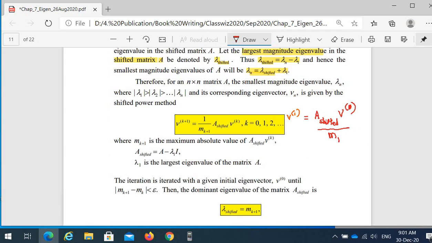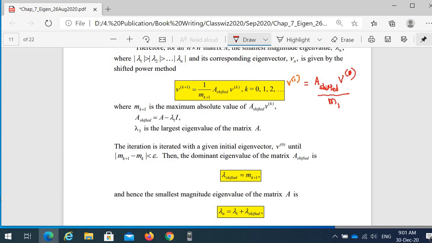The process is repeated until the modulus of M(k+1) minus Mk is less than epsilon, for a given epsilon. Then the dominant eigenvalue of the matrix A shifted, lambda shifted, is M(k+1), and hence the smallest eigenvalue of matrix A, lambda n, is lambda shifted plus lambda 1, because lambda shifted equals lambda n minus lambda 1.